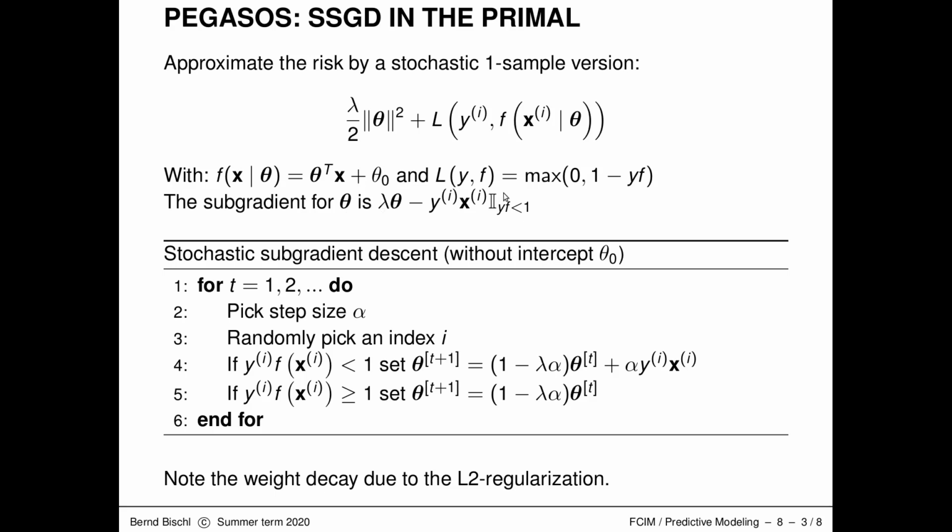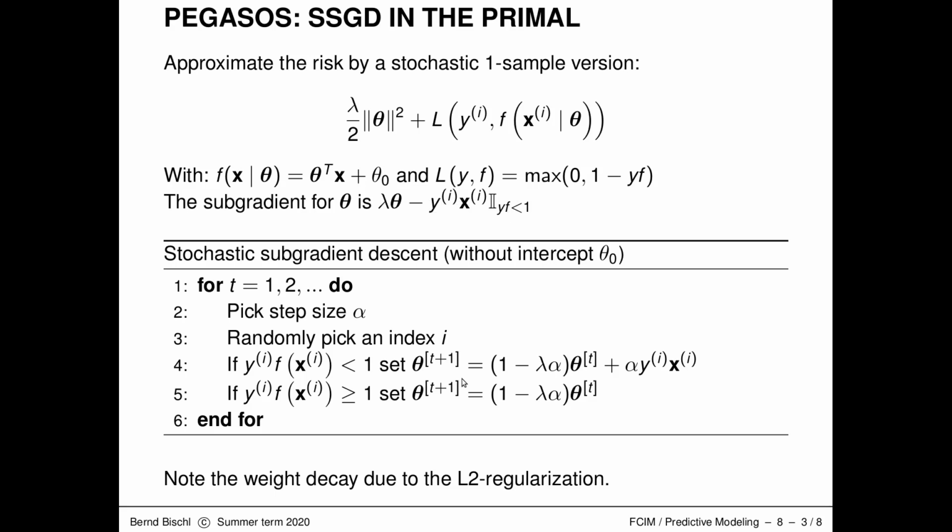The only thing I'm doing here is writing this down in two cases, so I don't have to write down this indicator function. Here's the case where we have the label times the score smaller than 1. That's in a certain sense the more interesting case, because then this second component is active. And here we have the case where the label times the score is larger than 1, so you can basically directly forget about this.